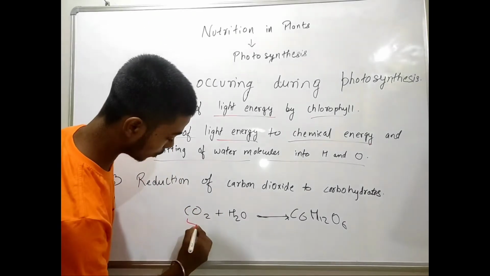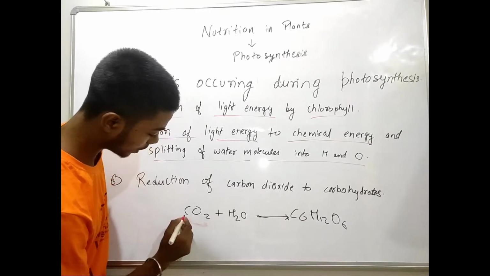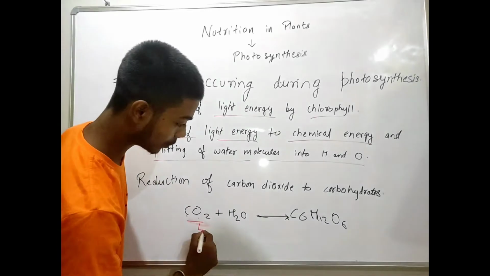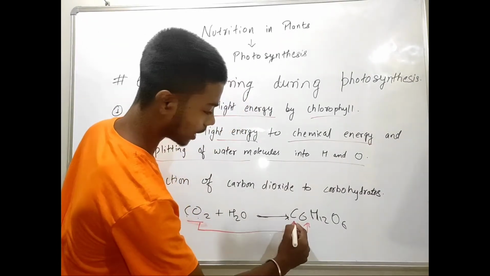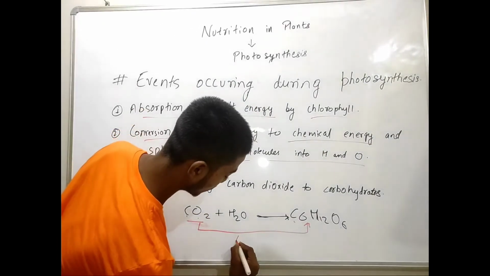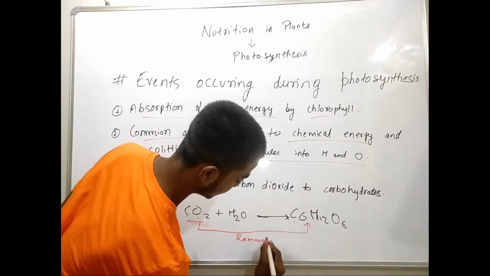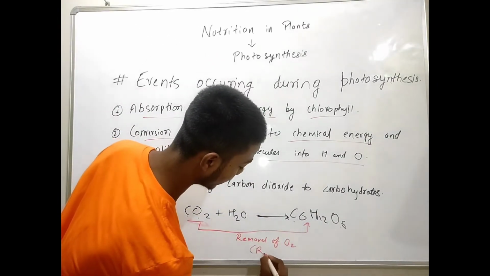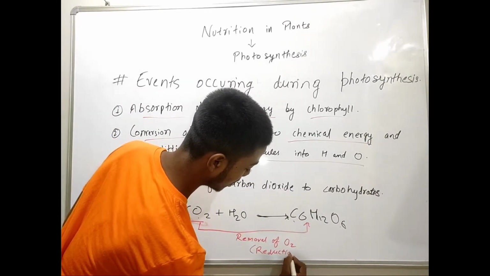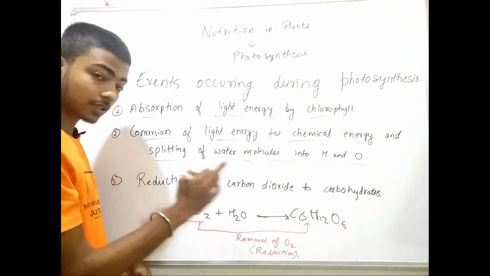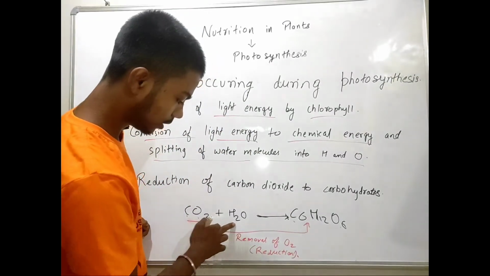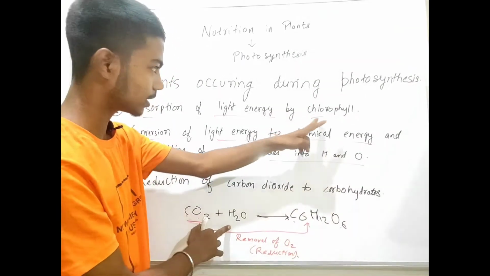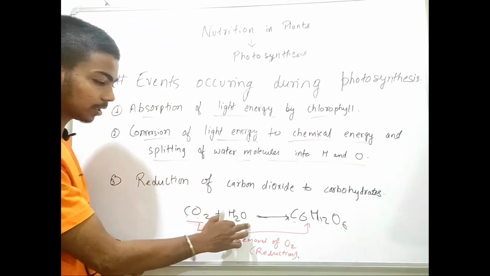Here in CO2, one carbon atom contains 2 oxygen atoms. But from here to here, if you look, 1 carbon atom contains 1 oxygen. So removal of oxygen, so what happened? Reduction. And now we will also see hydrogen is getting added. This is H2O, and it has been split with the help of chemical energy which has been converted by chlorophyll into hydrogen and oxygen.